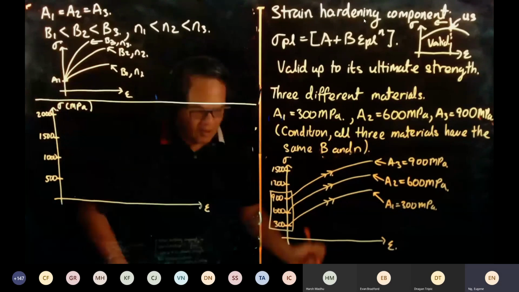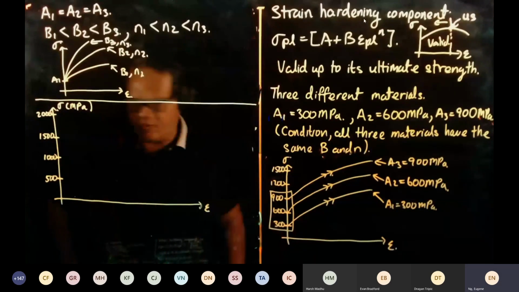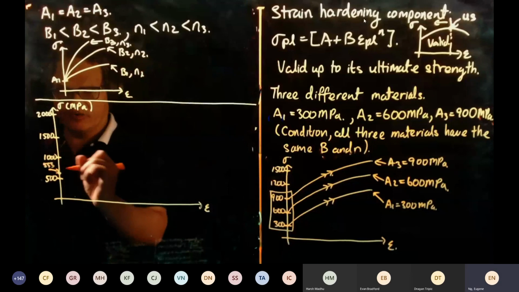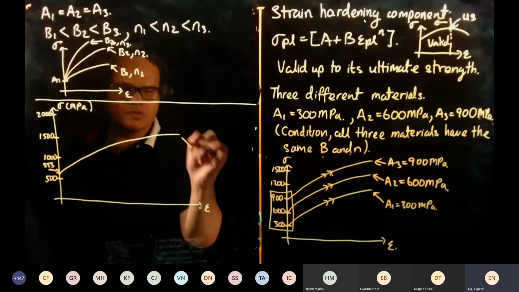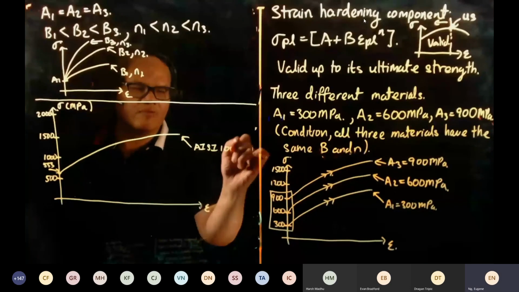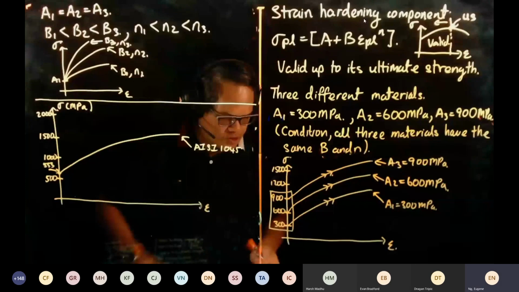We're going to draw our first material, which is 553, AISI 1045. So this is our first material, AISI 1045. And then we are going to sketch the next one.